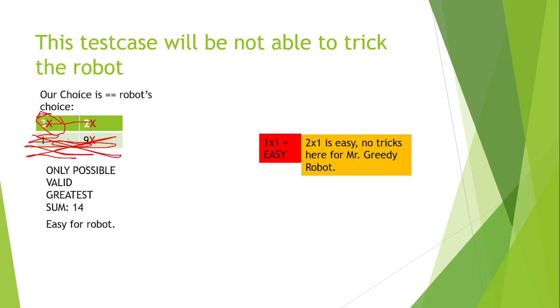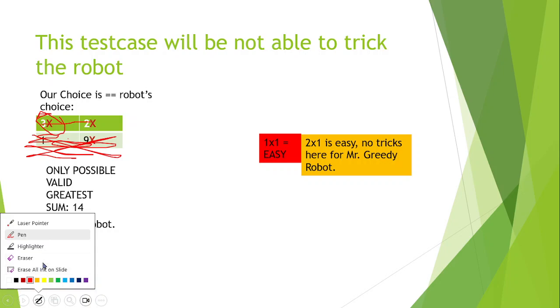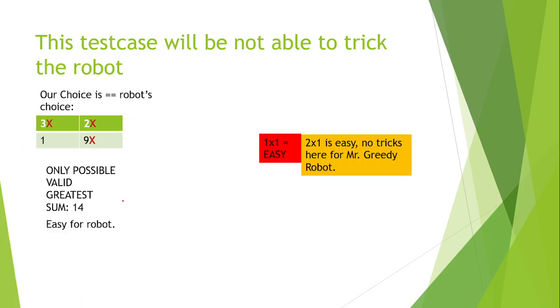So the robot is not an idiot that he will try to search for another path. And 2 by 1, if we remove, for example, the column, then the robot will do the same thing as well.